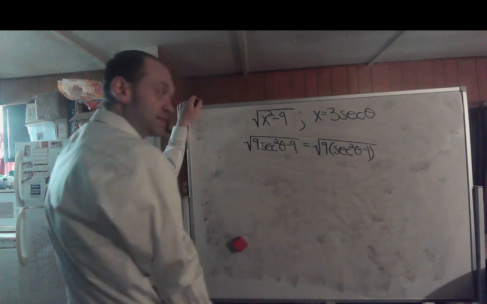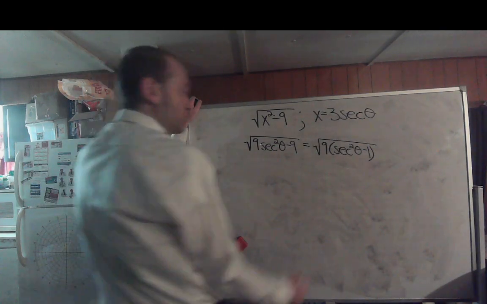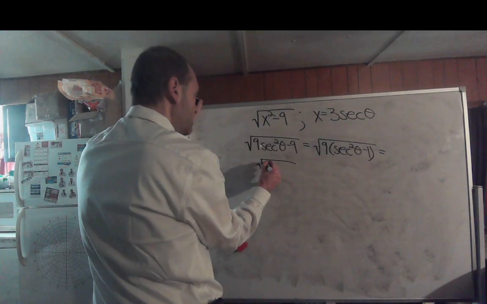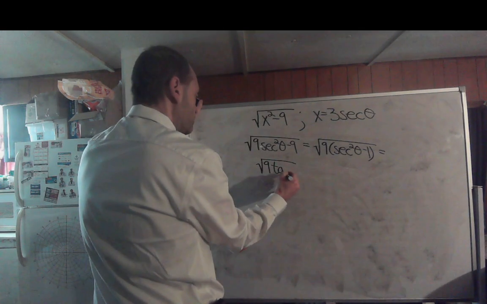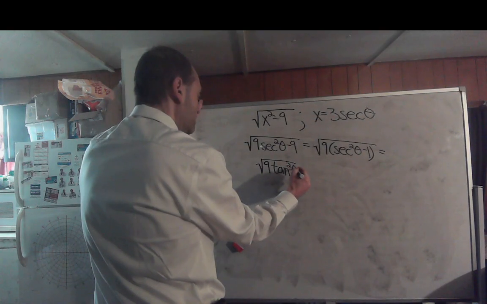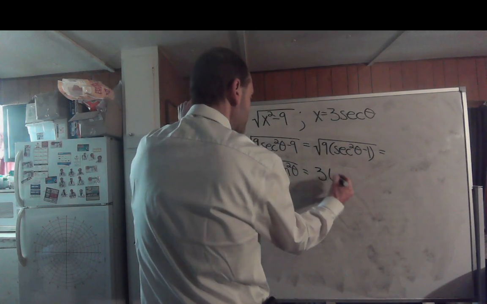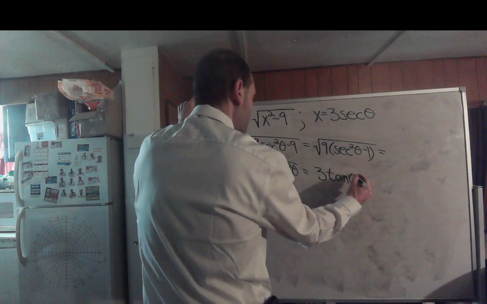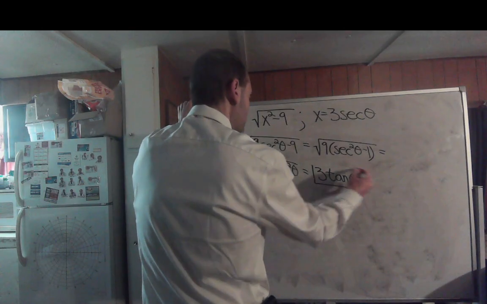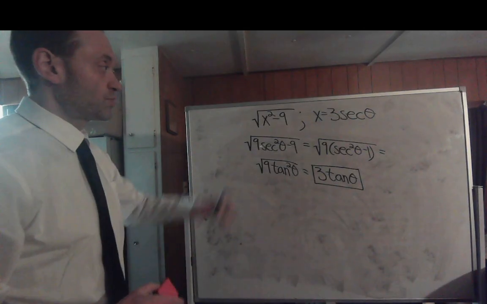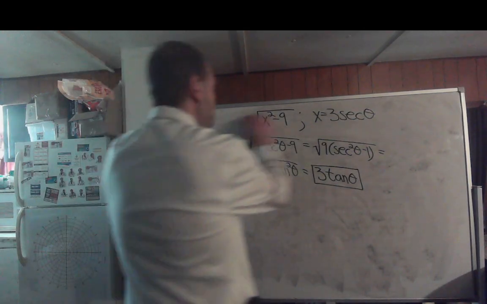All right, well, what is the secant squared of theta minus 1? That's the tangent squared. So this would end up being the square root of 9 tangent squared of theta, which should just give you a final answer of 3 times the tangent of theta. So there's your 3 tangent of theta.